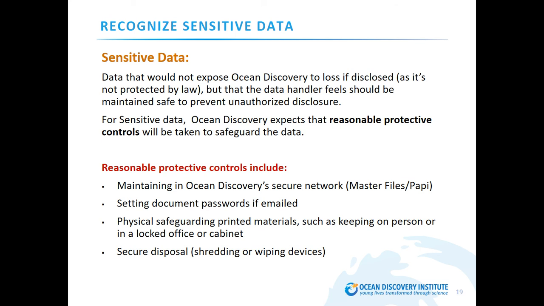Reasonable protective controls include saving in Ocean Discovery's secure network called master files or POPI, and not on other devices or laptops. We set document passwords if emailed, and we physically safeguard any printed materials. Physical safeguarding is keeping the printed document on your person or in a locked cabinet or office. We must always securely dispose of sensitive data by shredding or wiping devices.